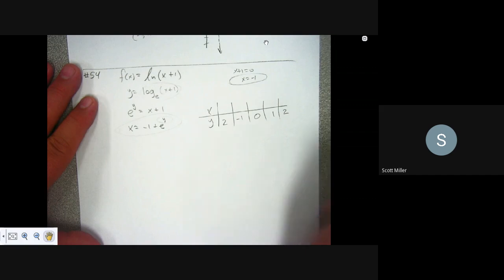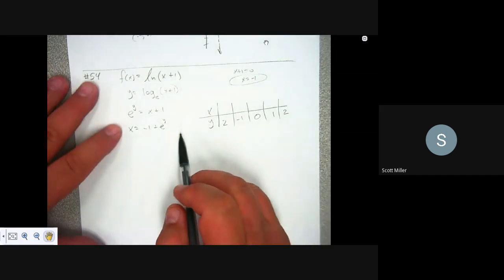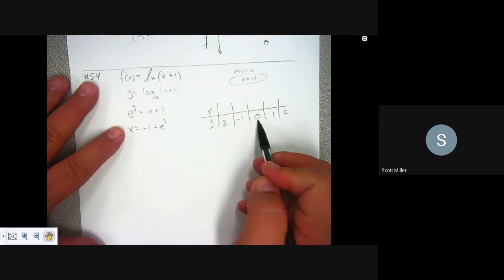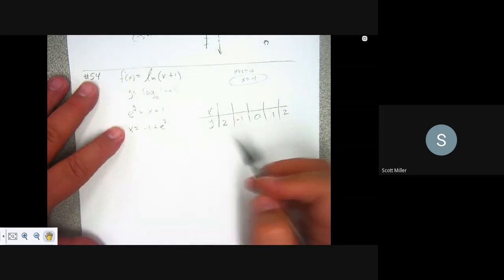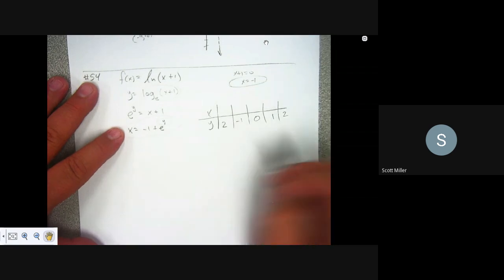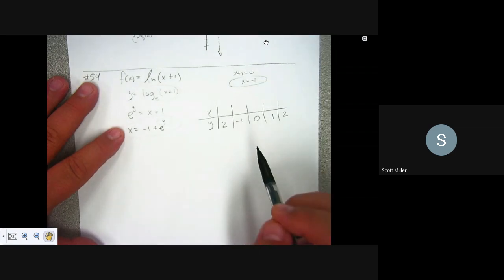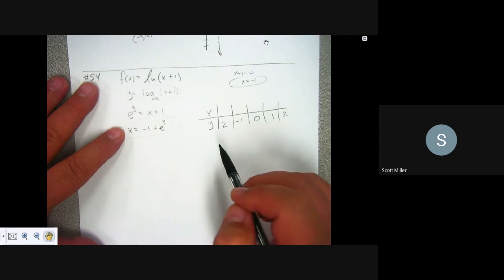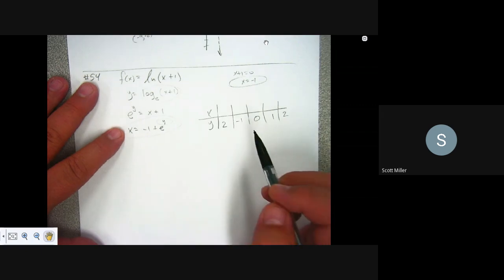You use your calculator to figure out these values, because it's a natural log, and calculators are always usable for natural logs or base e. But I want you to use the calculator with this table, not just any random table.